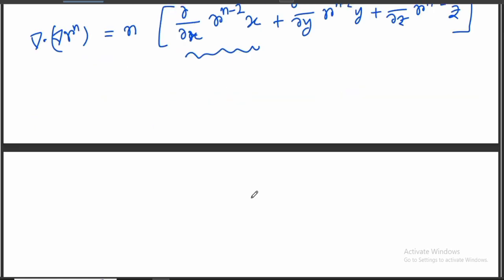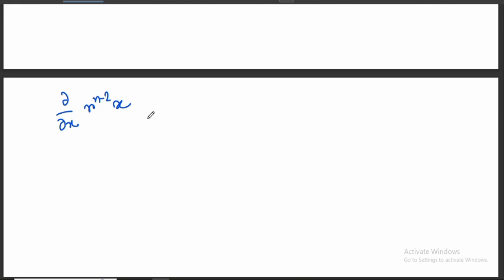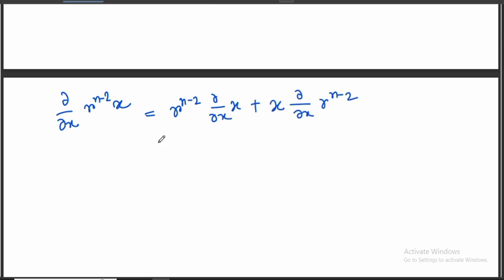Now let's take again this first term and evaluate it. This is del x of r to the power n minus 2 times x. So let's take the partial derivative. First of all, it will be r to the power n minus 2 times del x of x, plus x times del x of r to the power n minus 2.